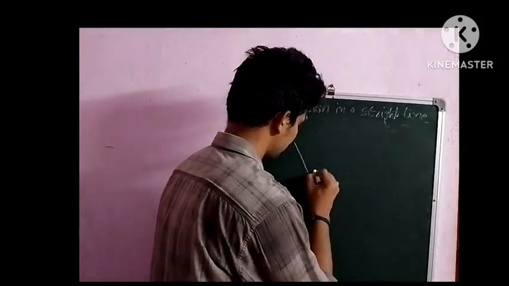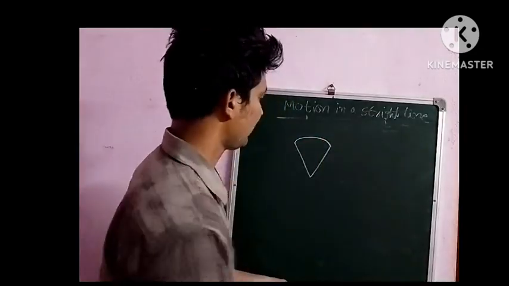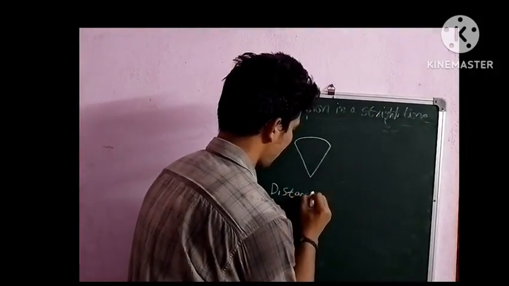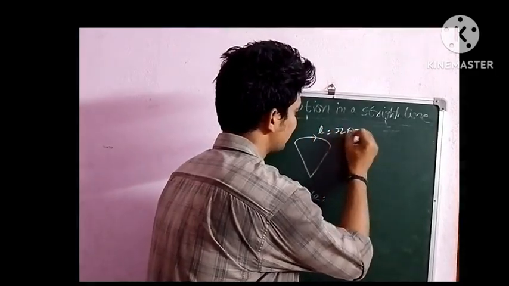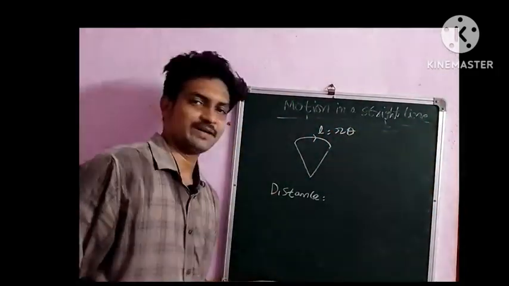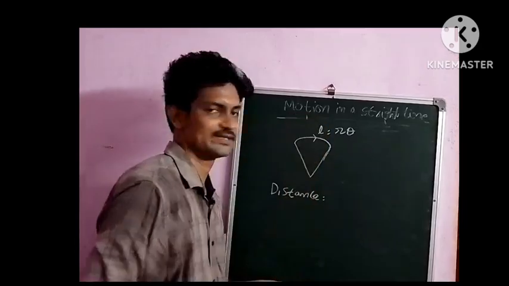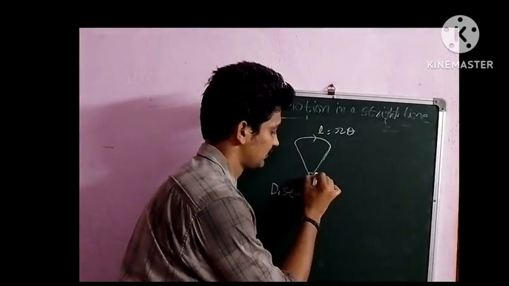This is the arc. What is the distance? Arc distance, L is equal to r theta. This is the formula. We must know that formula. Arc formula, L is equal to r theta. This is the theta angle.